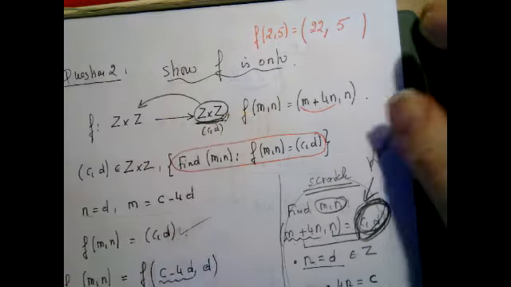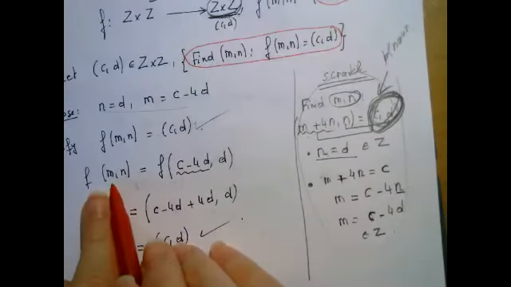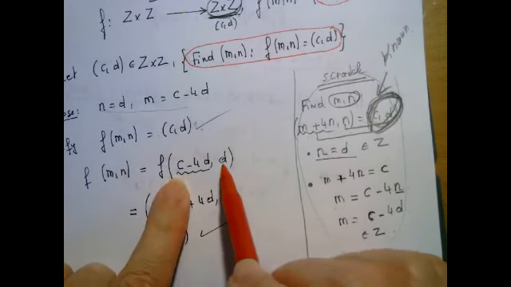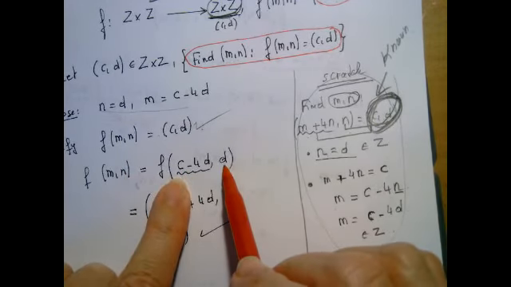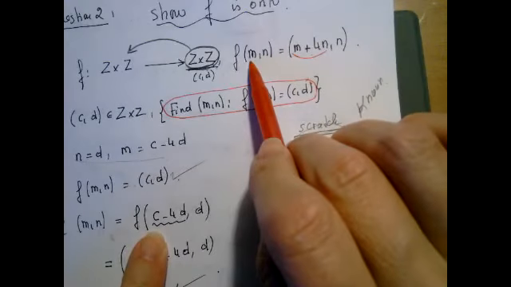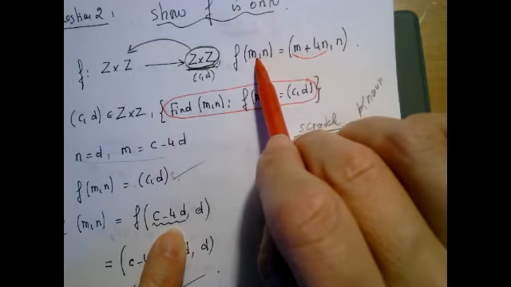Yeah. Okay, now let me go back here. I chose my M to be C minus 4D, and N is D. What does my function do? Takes the first entry, whatever it is, adds to it 4 times the second.